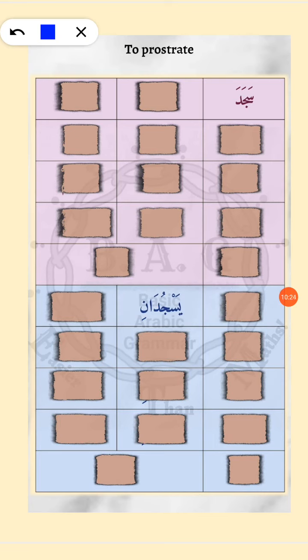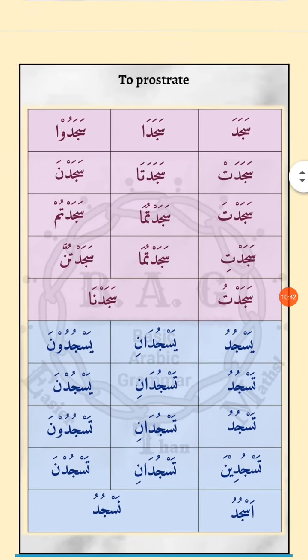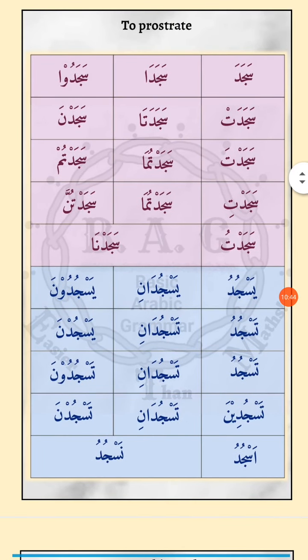Now you have sajada for huwa, and then you have yasjudani for huma, masculine. Pause the screen and work your way through the entire table, and then get the answers. It means to prostrate.